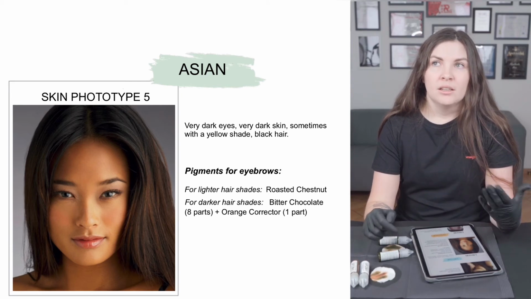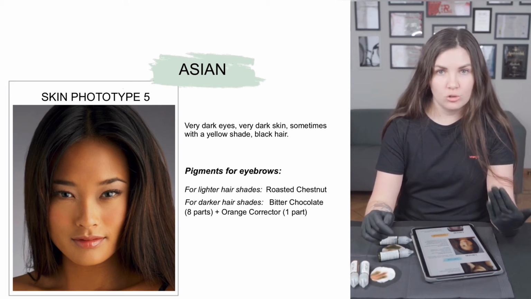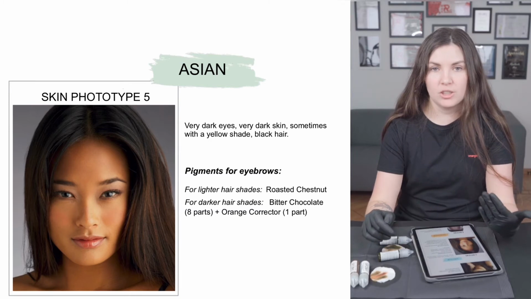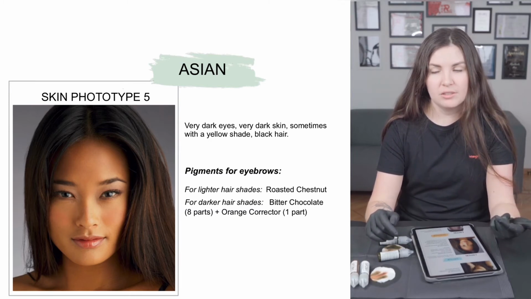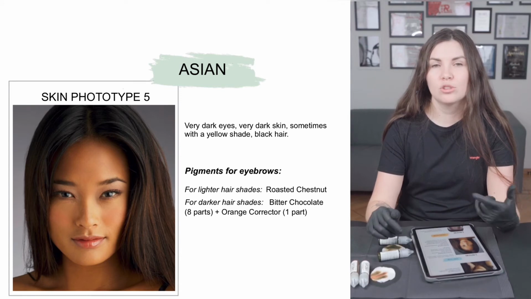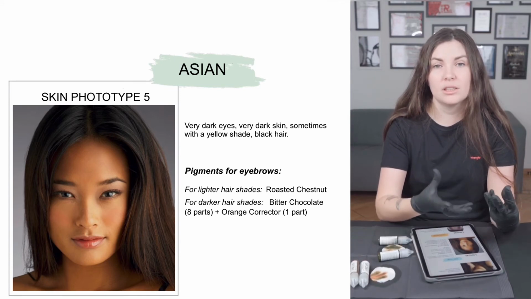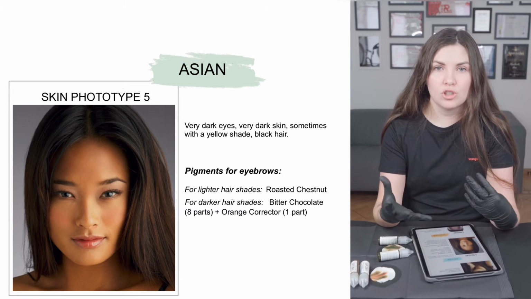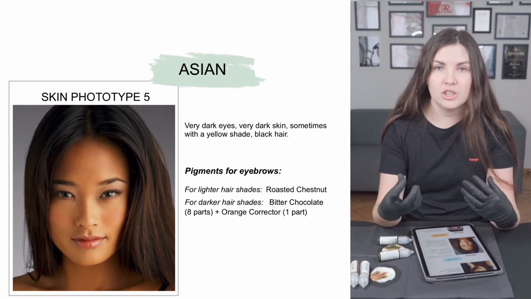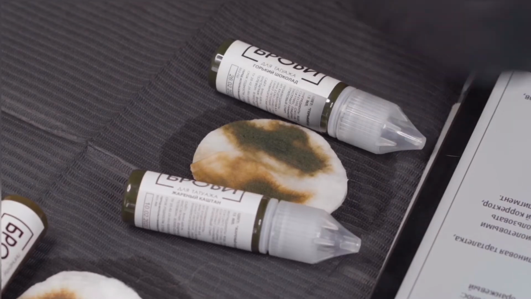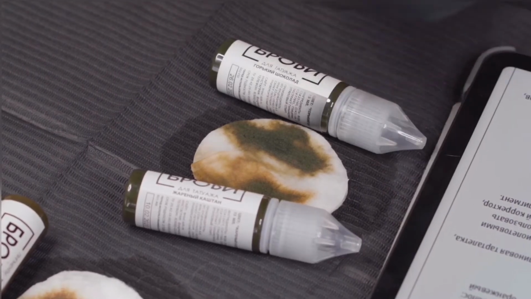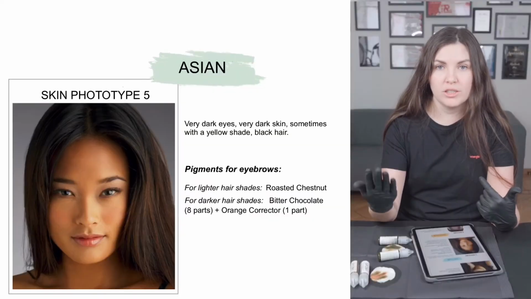Or let's say that we have a skin with a yellow tint. That means that it consists of black eumelanin plus yellow pheomelanin. So we need to use pigment with orange or red base. And if we have skin with a warmer shade, brown or copper, kind of reddish skin, for these clients we need to take pigment with a yellow base.